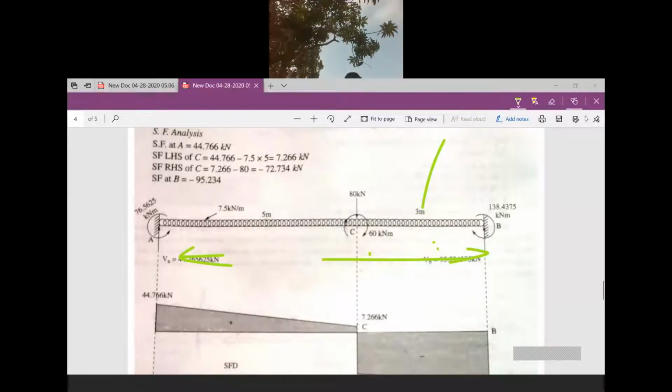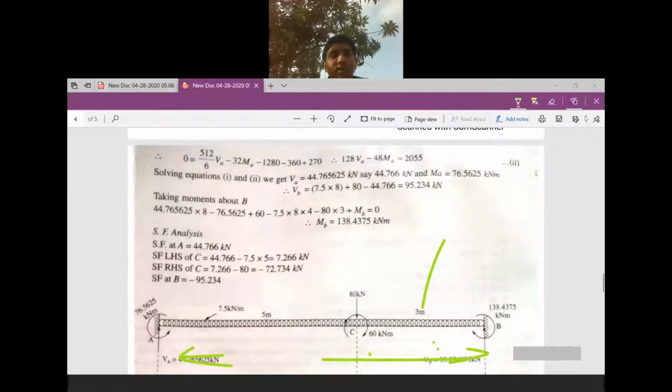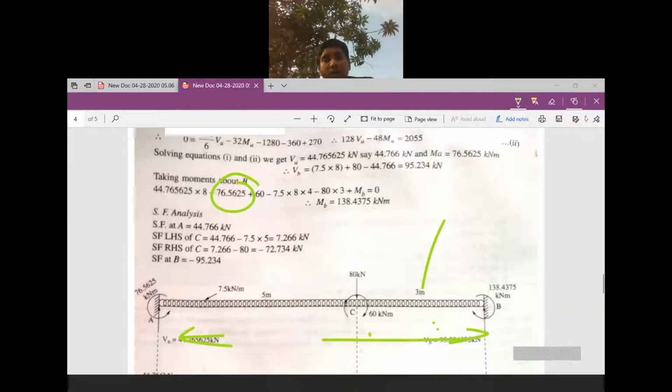From the right side, clockwise is positive, plus 60. Here it is VA into 8 meters, 7.5 into 8 into 8 by 2, minus MA is 76.62, 80 into 3 plus MB is equal to 0. You will get the value of MB.